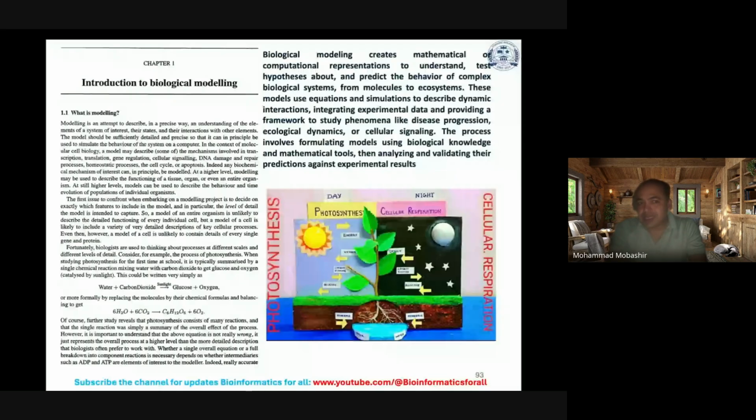In the right side figure, you are seeing photosynthesis in the presence of light for the purpose of getting energy, and then cellular respiration takes place in the absence of light.